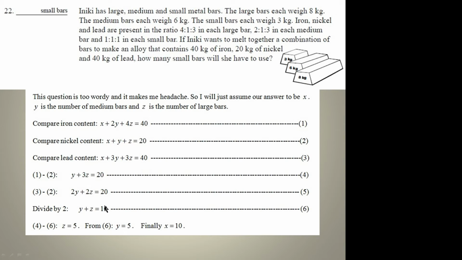Once you get y equal 5, from here, y equal 5, z equal 5, so x equal 10. So that's our answer here, because we assume that x is the number of small bars that you have to use. Okay, so the answer is 10.